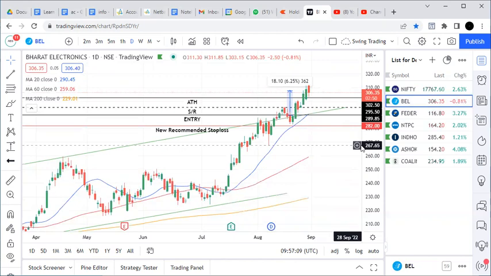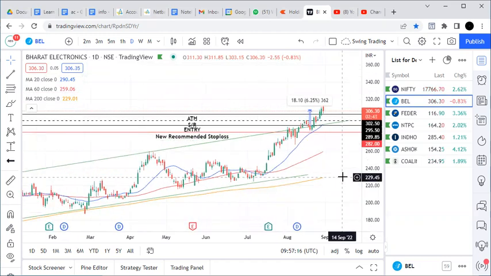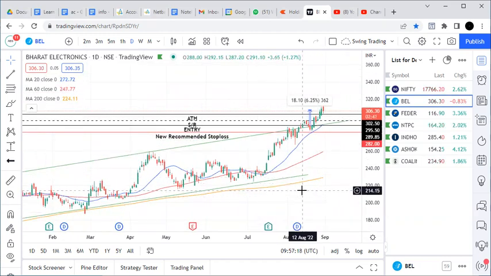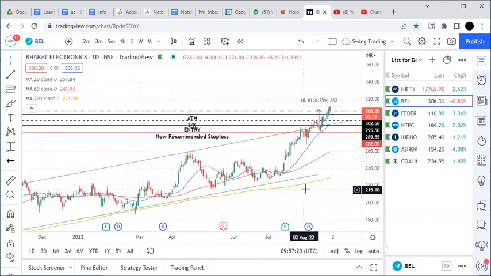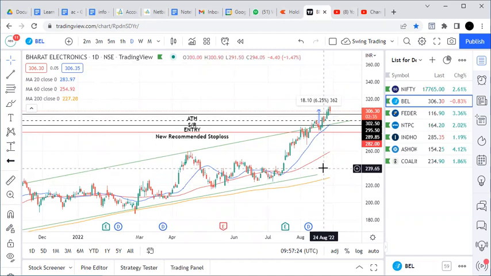So first, I'll begin with BEL. The reason for entering the trade: there are several reasons here. One is that the 60 moving average is above the 200, the 20 is above the 60, and the stock price is above the 20.